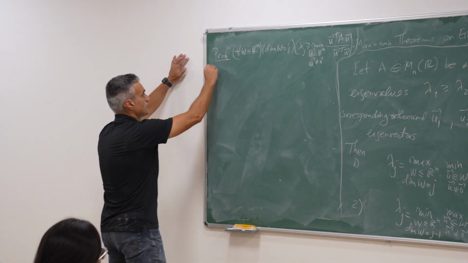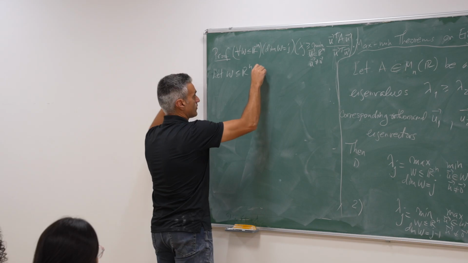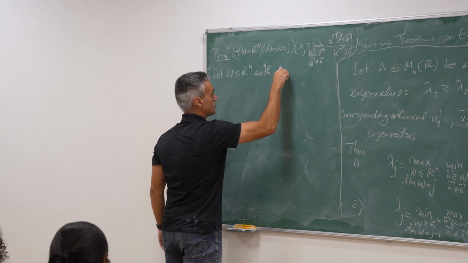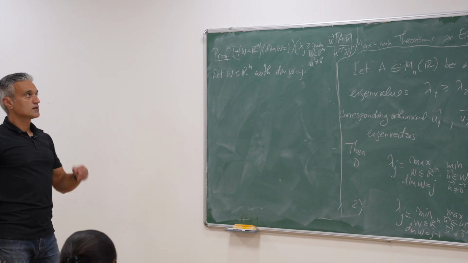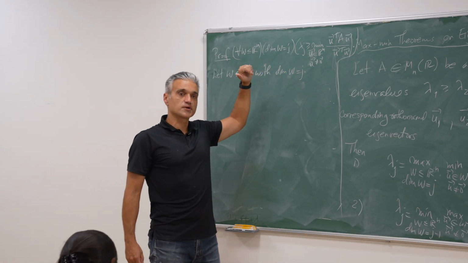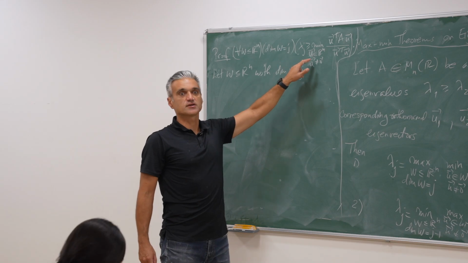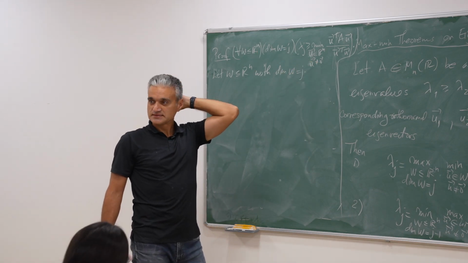Okay, so what do you have to do when you want to prove that a number is bigger than or equal to a minimum of something?